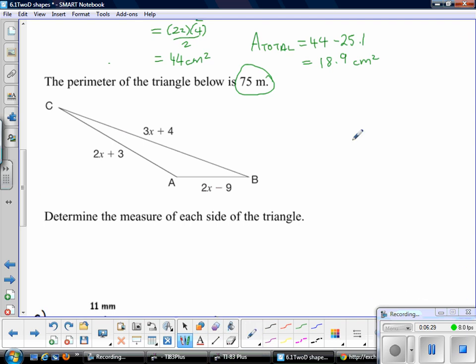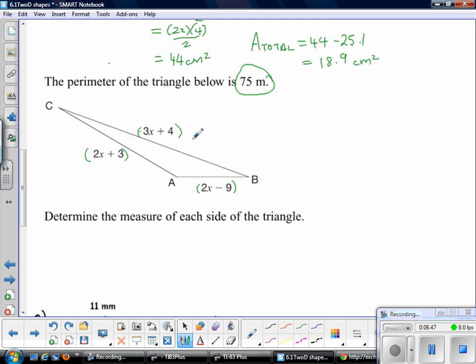Okay, so my issue is here I have to take each side, add them together, and it has to equal 75. The only difference is what I'm dealing with are little polynomials. So each side has its own polynomial value.